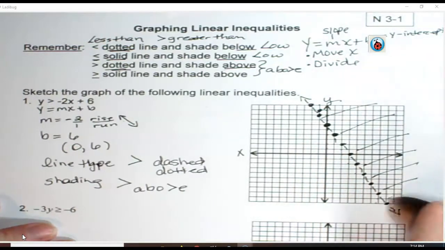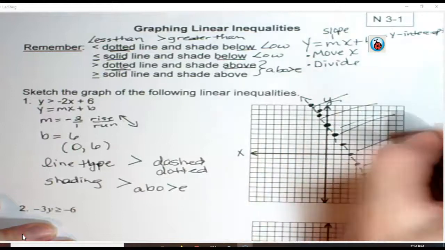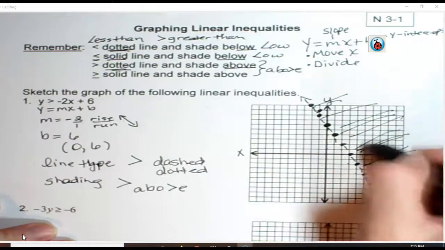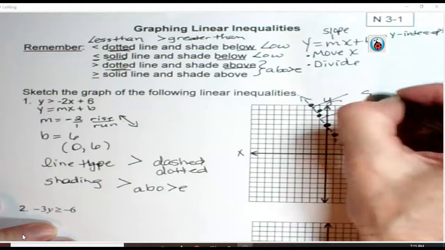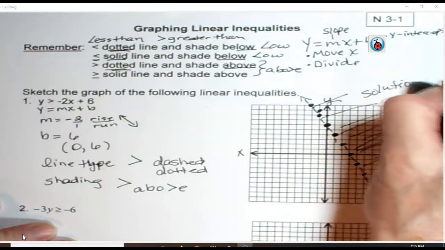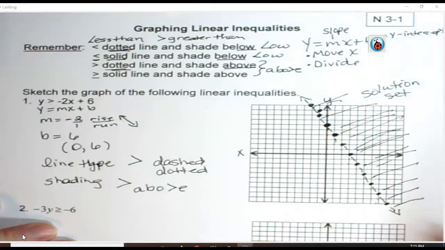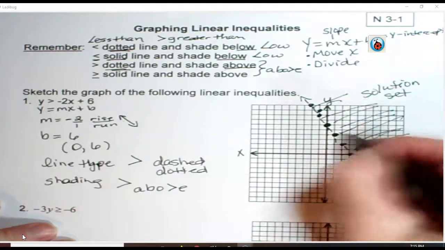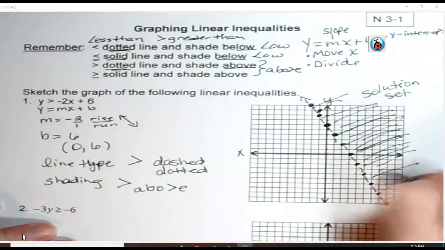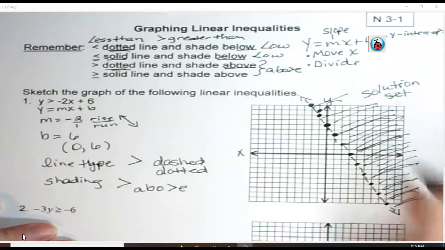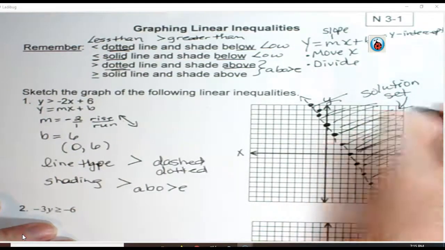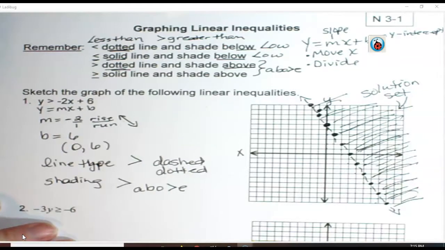The reason we shade is because that tells us where our solution set is. Inequalities are not just one answer. It's not one point of intersection like when we do two lines. It's the shaded area. So all points in this area right here are solutions to this inequality.